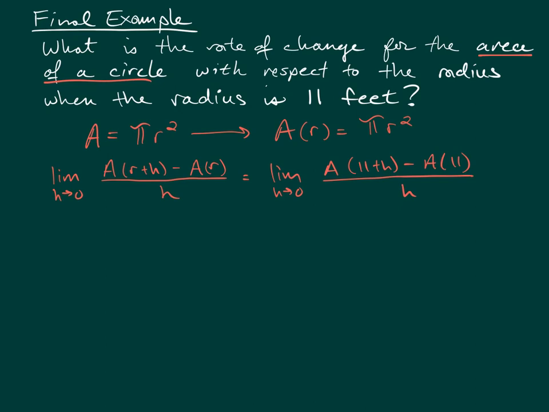So by a similar process to the last example, we will evaluate the function at 11 plus h, and then we will evaluate the function at 11, and then do the limit simplifying techniques, and I will reveal the steps on how to get the final answer.